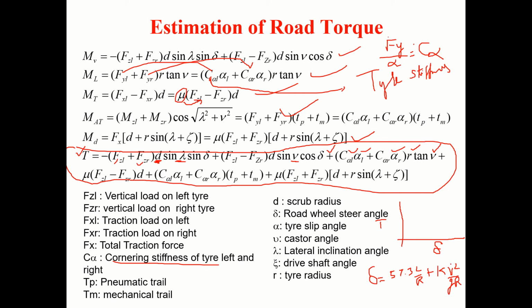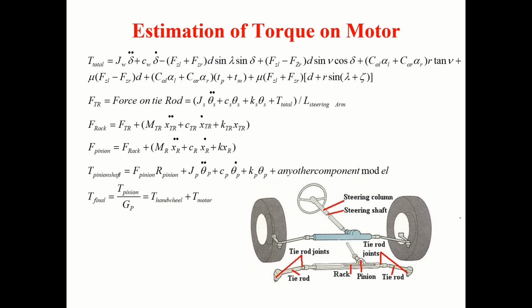If you know the vehicle speed, you know the understeer gradient. For the vehicle speed, we can always find out what is the delta required. Vehicle speed, if you know, we can calculate delta. Delta, if you know, we can find torque. That's what this model is going to help us.